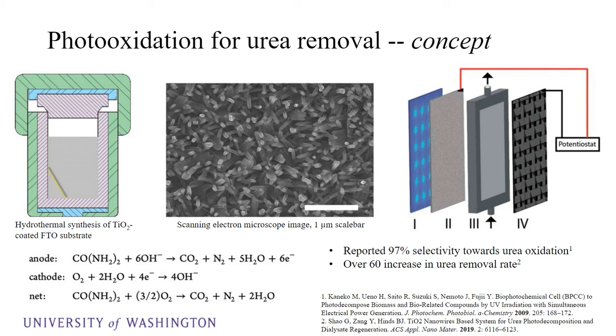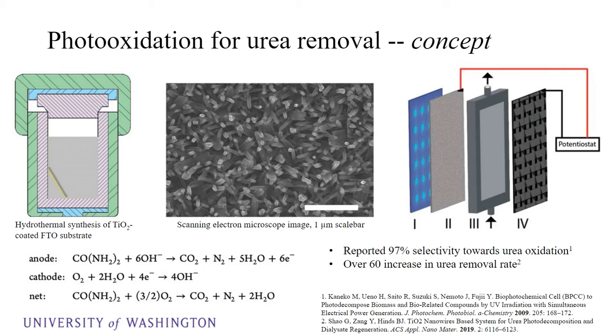Layer 1 is the LED panel. Layer 2 is the TiO2 coated FTO substrate. Layer 3 is the spacer where the solution is flown. Layer 4 is the air permeable electrode, which will provide oxygen from the air for the photooxidation of urea.